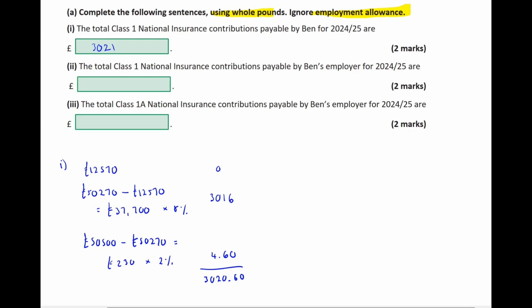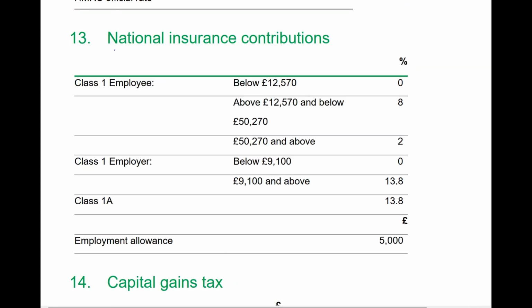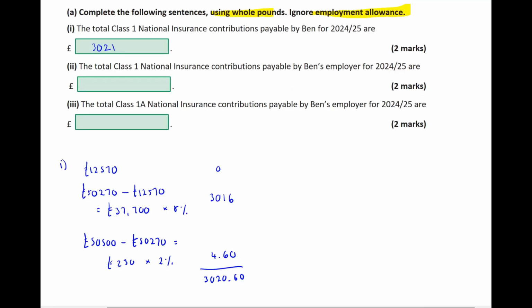The employer's contribution in part 2. Skip to your reference material. See what's going on here. So for the employer, the rules are different because the first 9,100 has no national insurance, and then above that it's 13.8%.